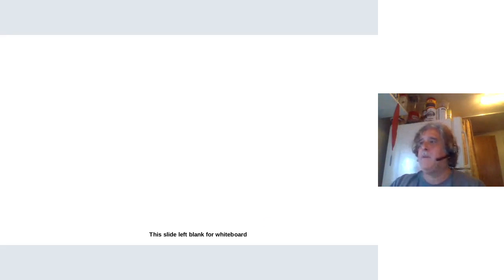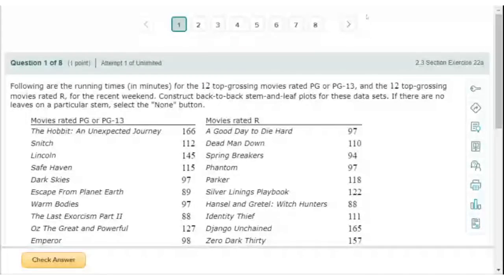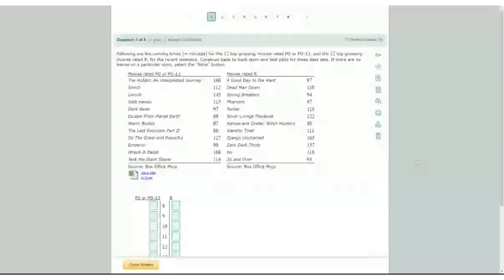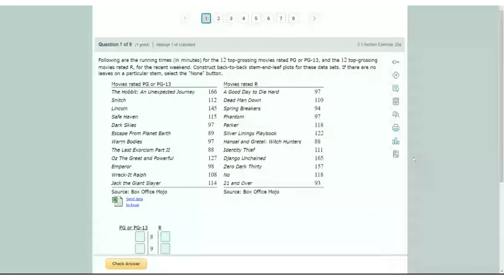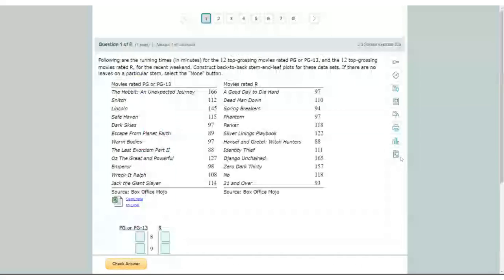Okay, here we go. All right, so what we've got here is 12 top grossing movies in two different categories.